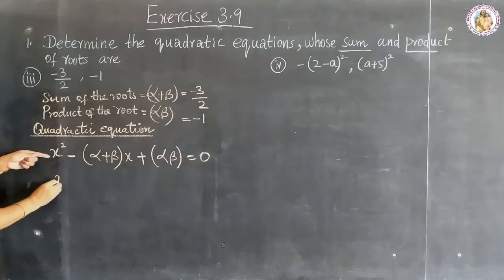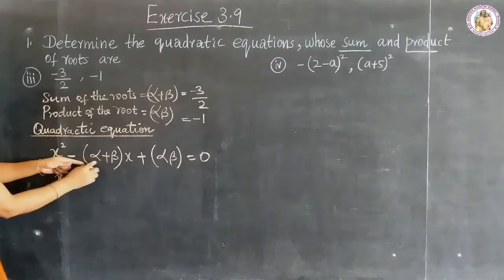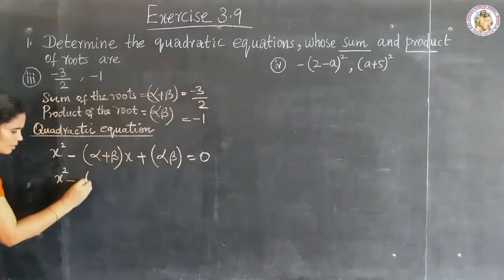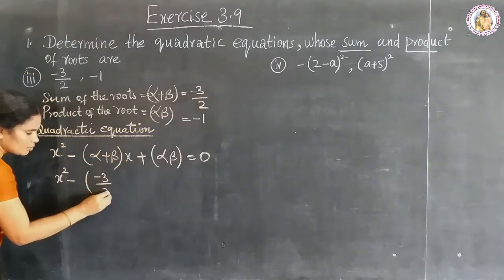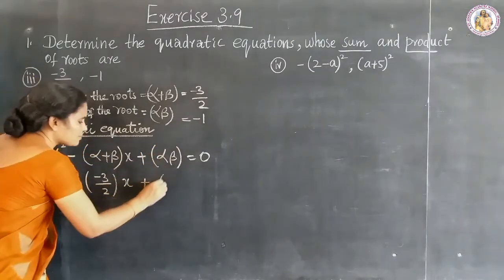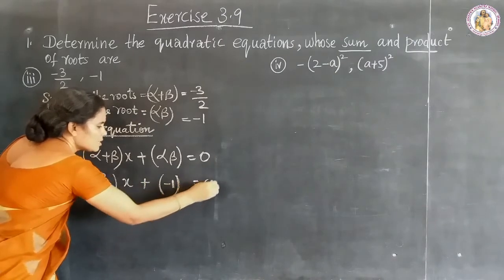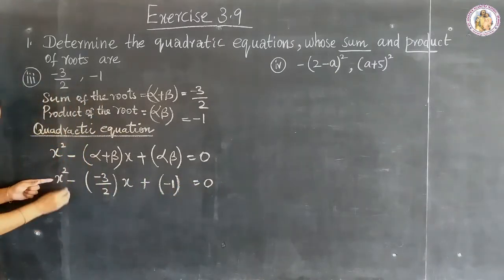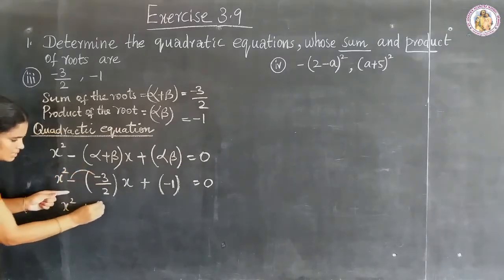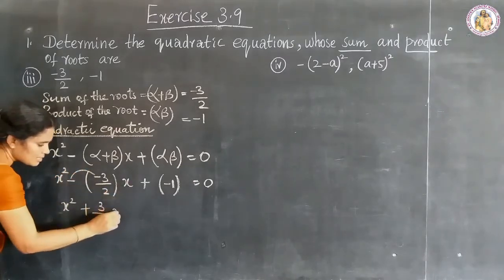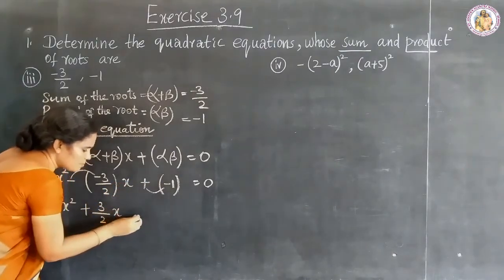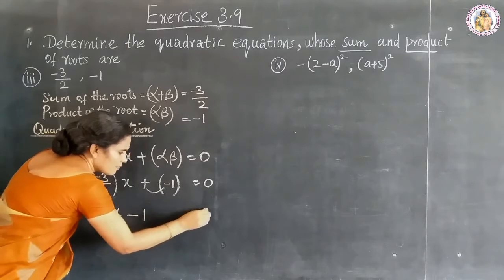So x square minus minus 3 by 2 x plus minus 1 is equal to 0. Here write x square plus 3 by 2 x minus 1 is equal to 0.